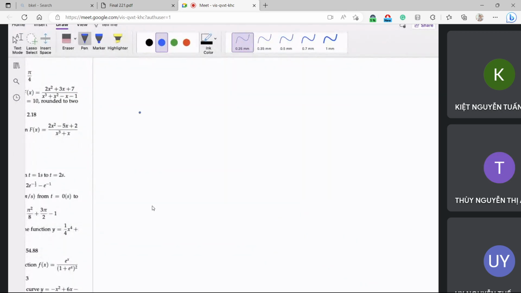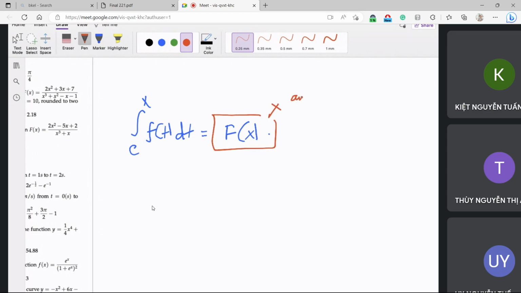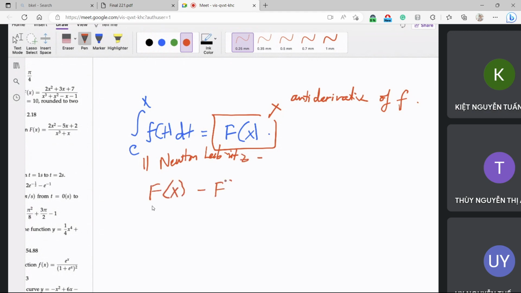If you have this equation, the integral from c to x of f(t) dt equals a function F of x, it means that this is one antiderivative of small f. So you use the Newton-Leibniz formula, and you have F of x minus F of c.